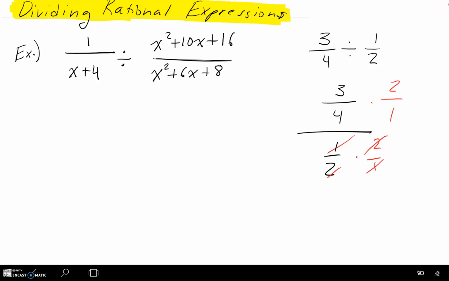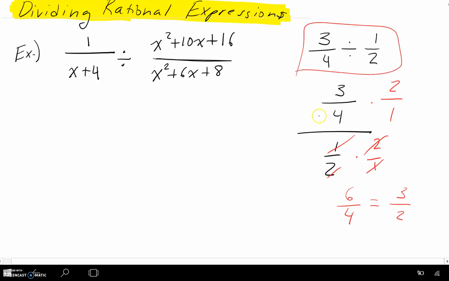This gives us 6 over 4, which simplifies to 3/2. So basically, looking at that, when I'm dividing, I'm pretty much just multiplying by the reciprocal of what I'm dividing by. So let's apply that here.